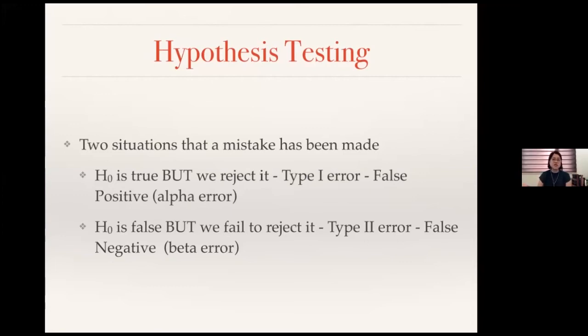We say that there is no difference. However, if we rejected it, we make a mistake. This is what we call the type 1 error, or the alpha error. Second, if the null hypothesis is false, but we fail to reject it. Because if it is false, you should have rejected it. But you did not reject it. Then we make a type 2 error, or the beta error.